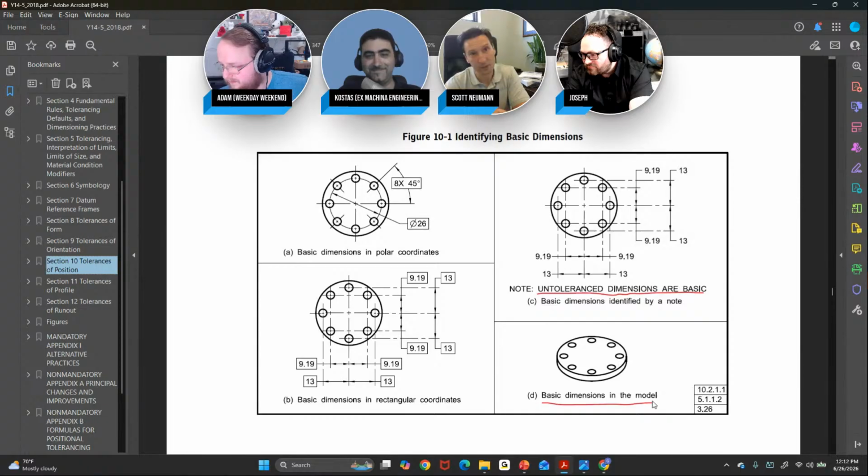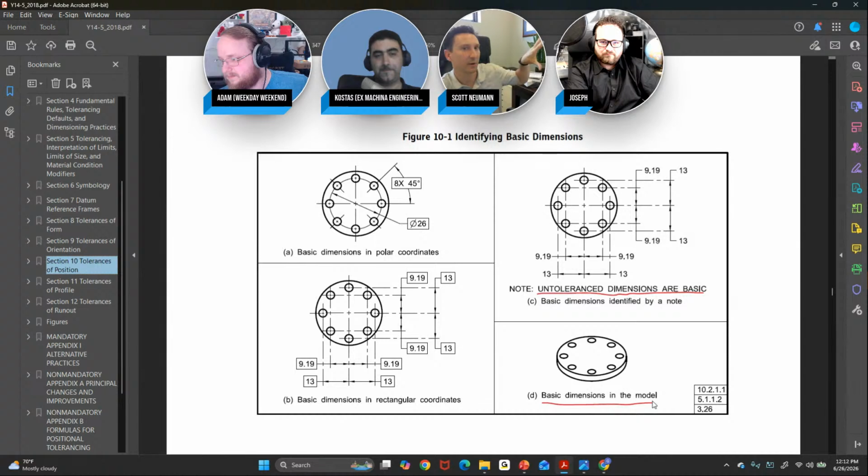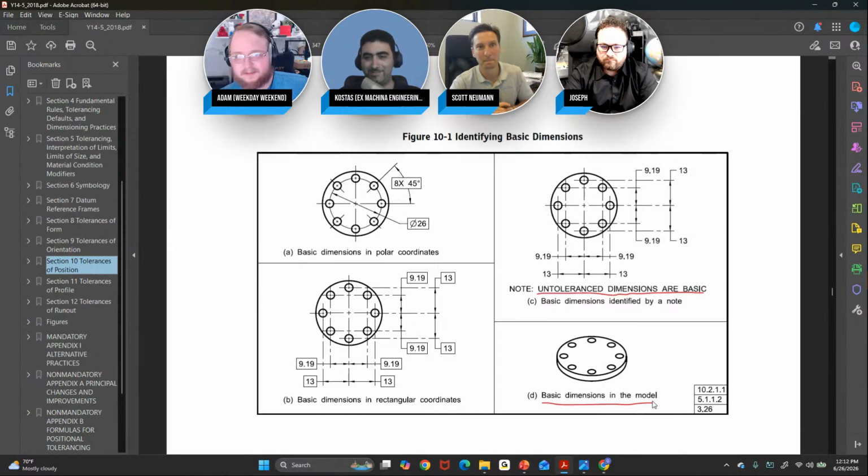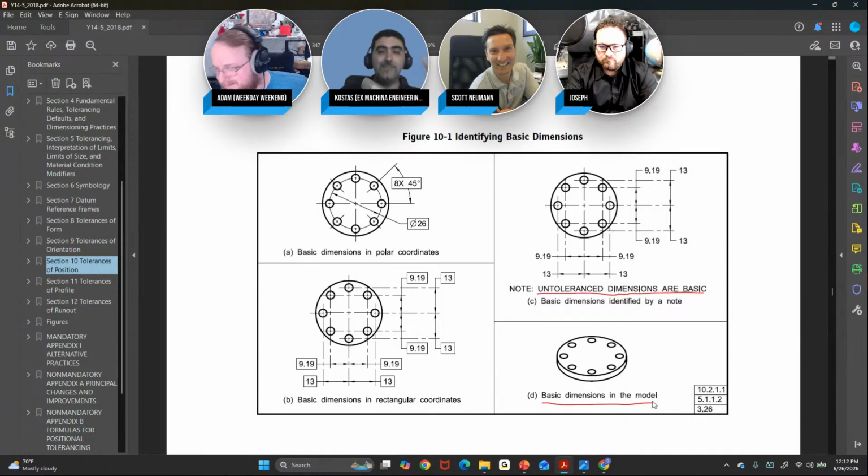And also, another step is putting all the dimensions in the model. A lot of companies are saying see CAD file for the basic dimensions. So now you have a CAD file that has all the dimensions, and then on the drawing you just put size and position. That's a new fashion trend, I have to say. I don't like that. Oh, you don't like that? I don't, and I'll tell you why.